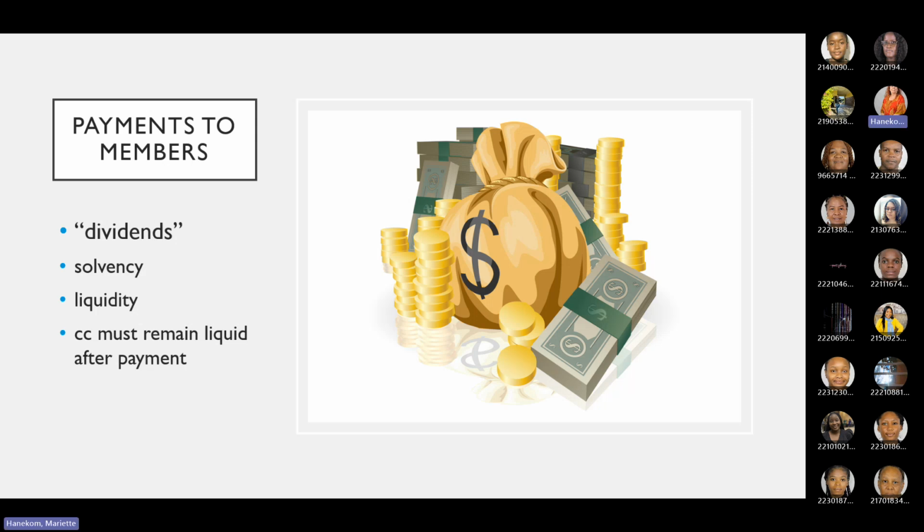So remember this, in companies when we had these requirements, for example, purchase of their own shares, we only had 2 requirements, solvency and liquidity. In close corporations, we have 3, solvency, liquidity, and it must remain liquid.